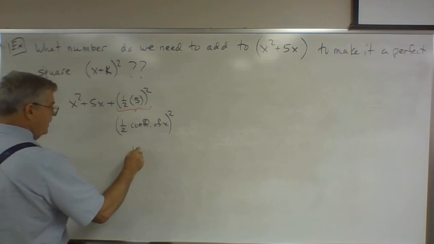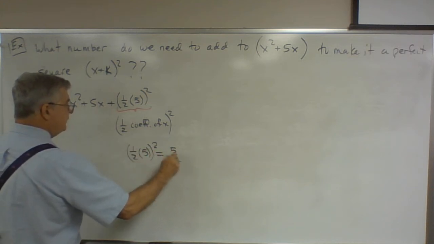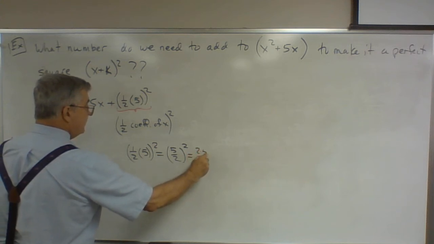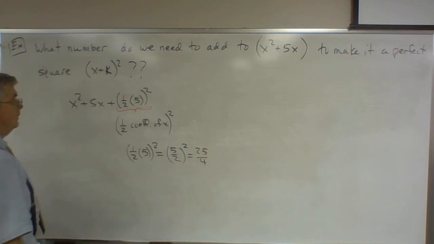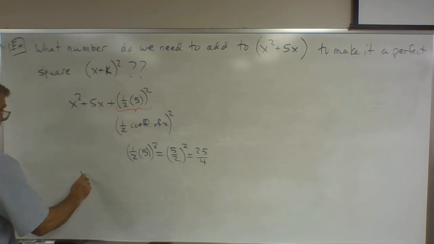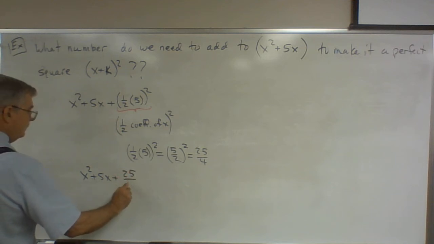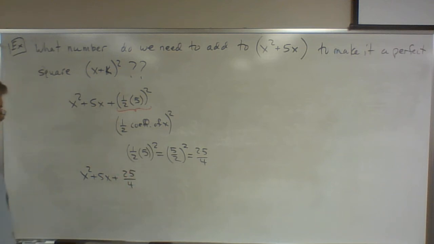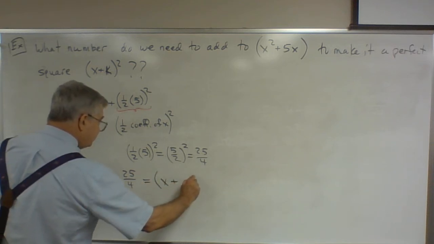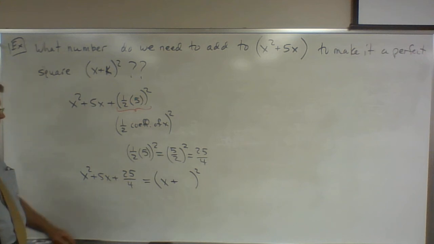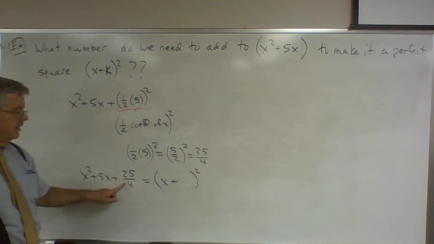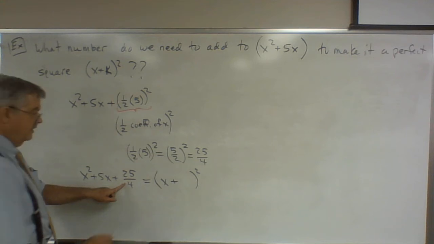And let's see, what is that? 1/2 times 5, squared, that's 5/2 squared, which is 25 over 4. Okay. x squared plus 5x plus 25 fourths, and that supposedly will be x plus some number squared. And the number that goes here is the square root of 25 fourths, 5/2.